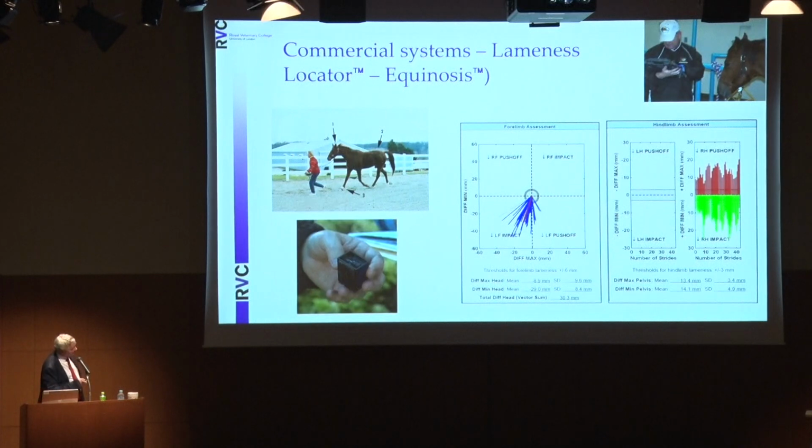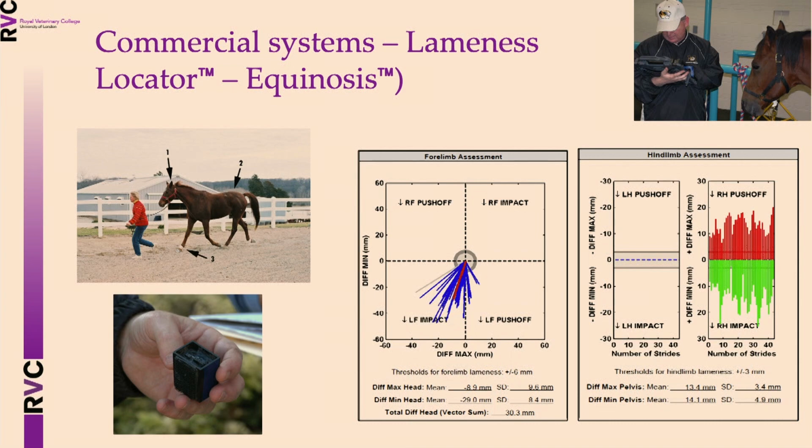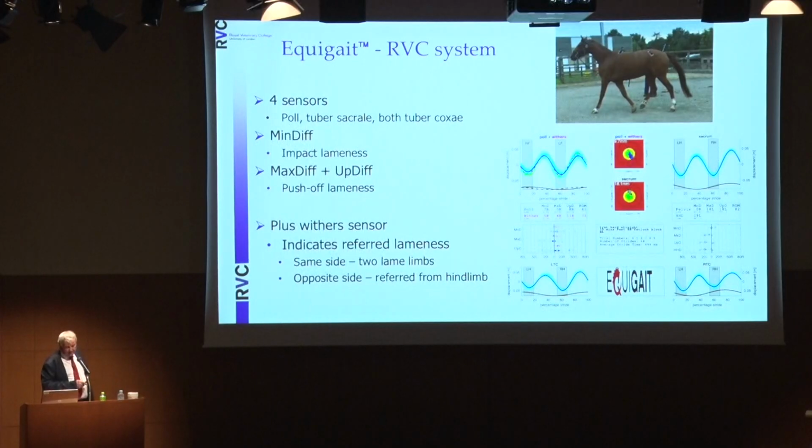And you can see the individual absolute values in millimeters shown here as well. Each of these lines and each of these columns is an individual stride.